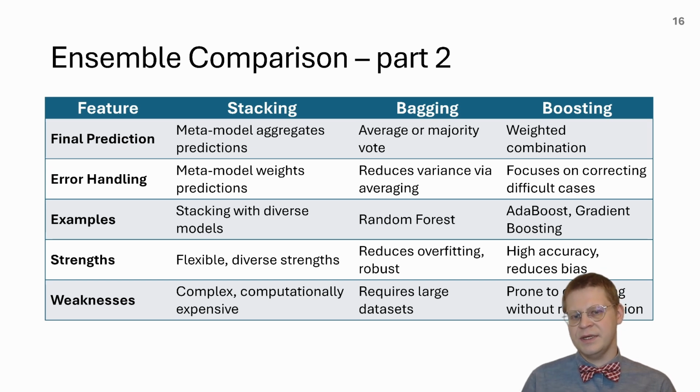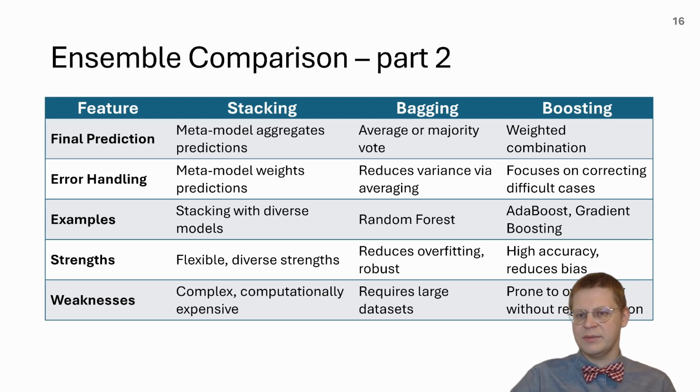This averaging process stabilizes predictions, mitigating extreme errors that might occur in individual models. And boosting specifically focuses on difficult cases by assigning more weight to previously misclassified instances. So each model in the sequence becomes progressively better at handling challenging data points.